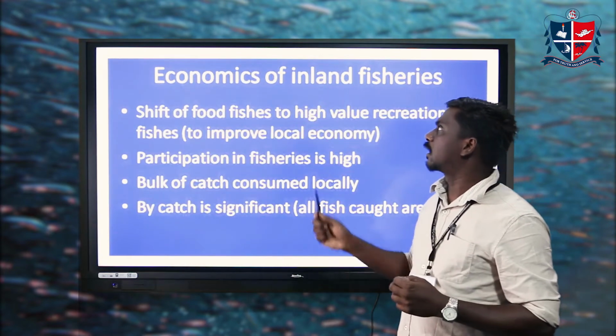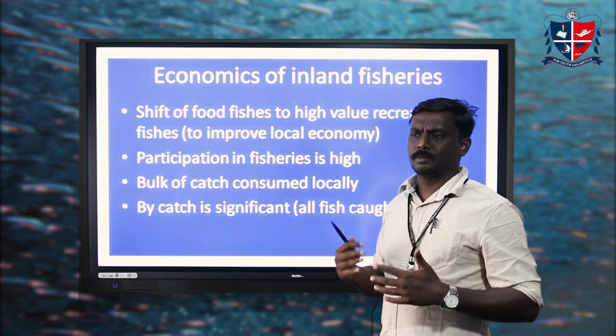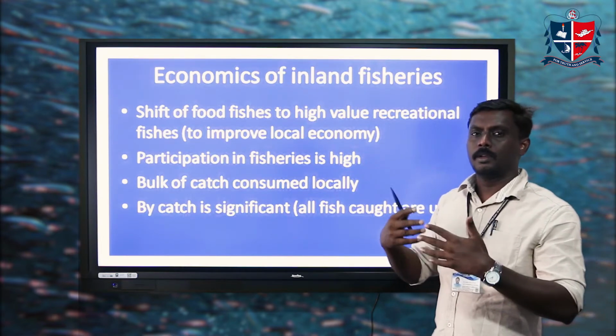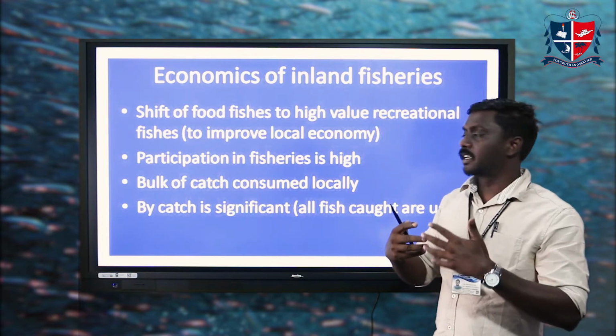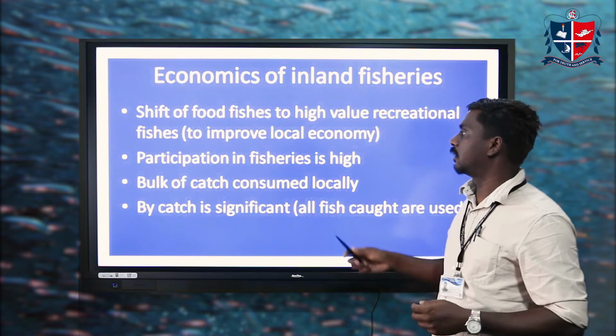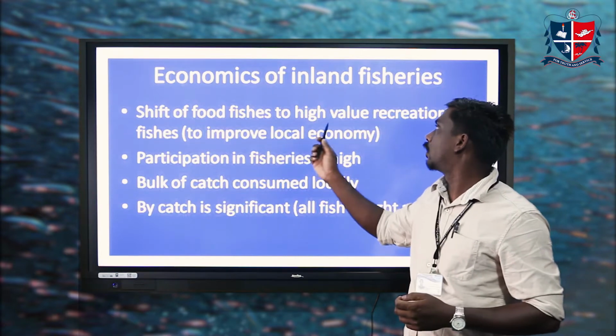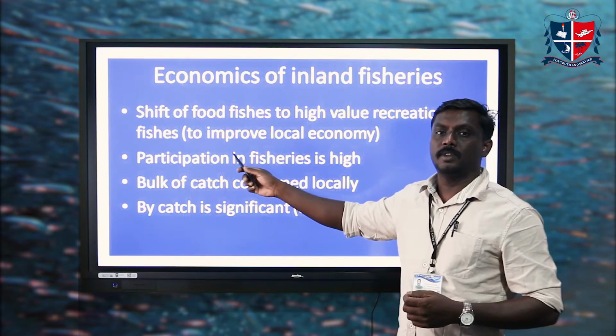The major economics deals with the contribution of inland fisheries to the gross domestic product of our nation. Now, how does it contribute? There is a shift from high food fish to high value recreational fishes.